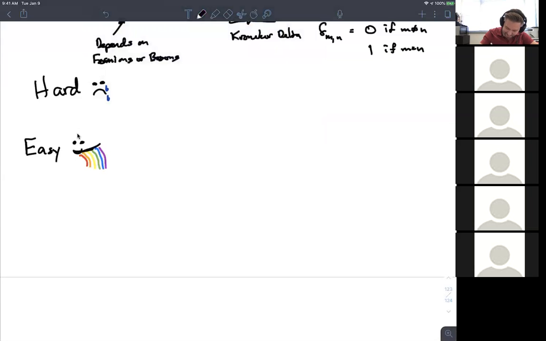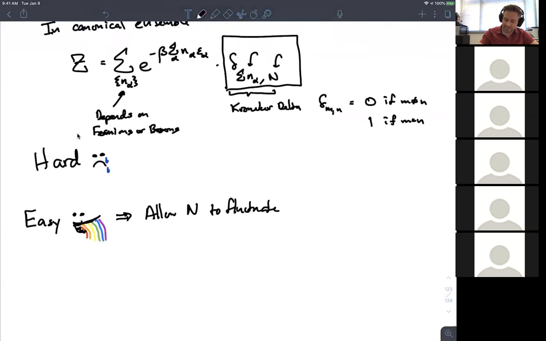There. Barfing rainbows. The way you make it easy is you allow total n to fluctuate. By allowing n to fluctuate, you do not have this constraint on your sum. That is, it makes it easier to do. And as we described on Wednesday, it also just happens to be how quantum mechanical systems behave.